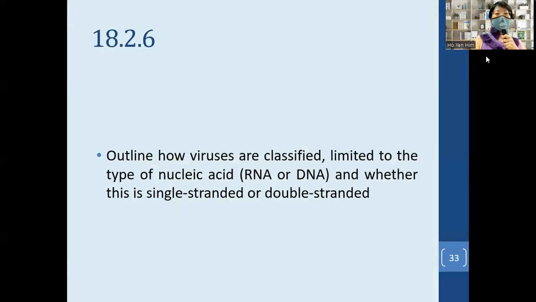Okay, lastly, we're going to look at what? Virus. Outline how viruses are classified, limited to the type of nucleic acid, whether it's carrying RNA or DNA, and whether this RNA or DNA is single-stranded or double-stranded. So this is how we classify virus.